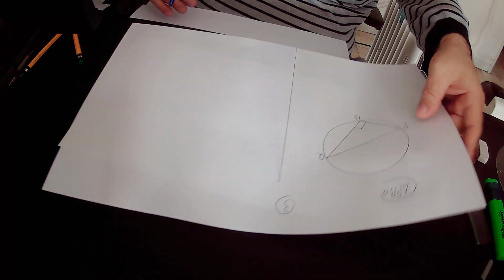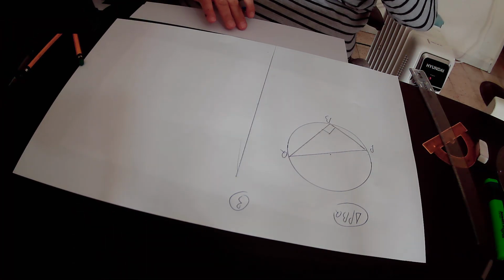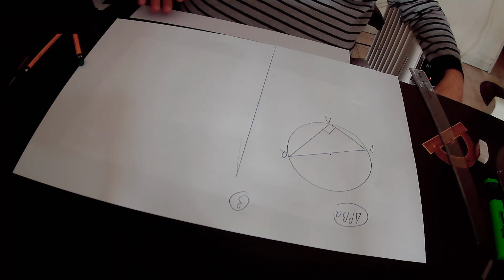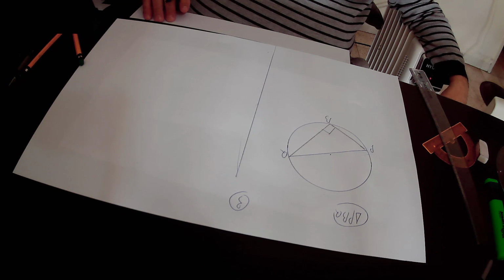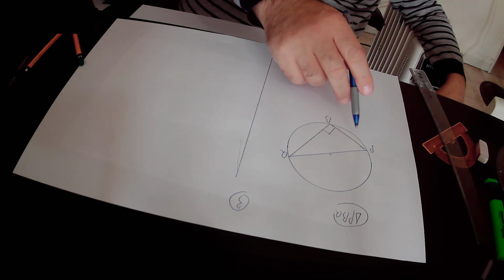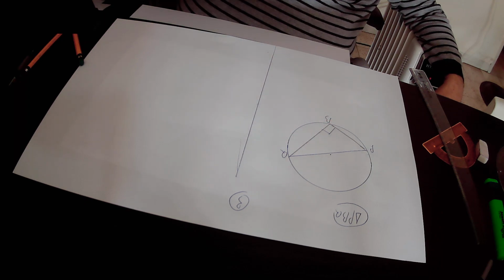So actually, this is the right triangle PBQ that I copied from the original drawing. And I block this right triangle PBQ by this circle.